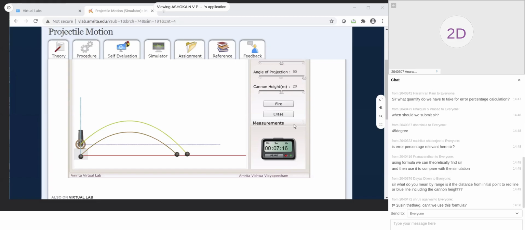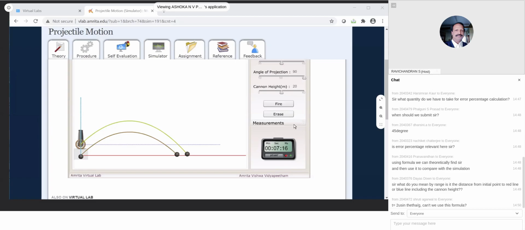Sir, both of them will not match if the cannon height is more than 0, right? Perfectly right. That's what I had a doubt about in the simulation, whether they corrected that or not. The equation holds good only when it is in the same horizontal plane, right? Cannon height should be 0.